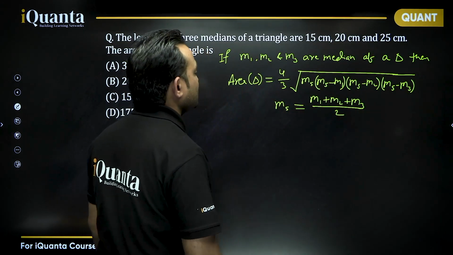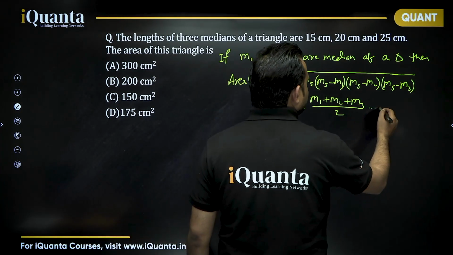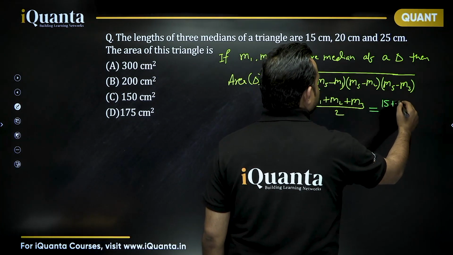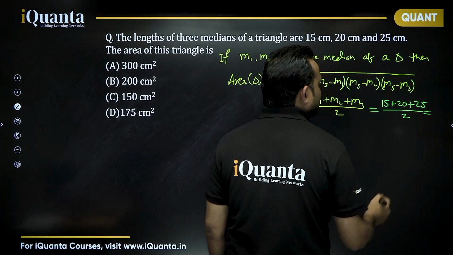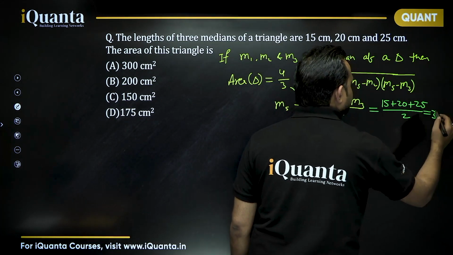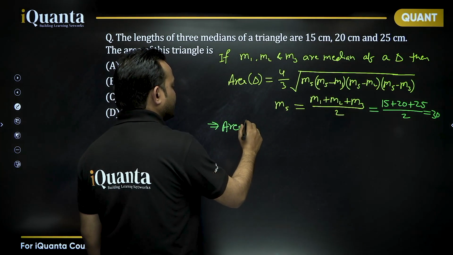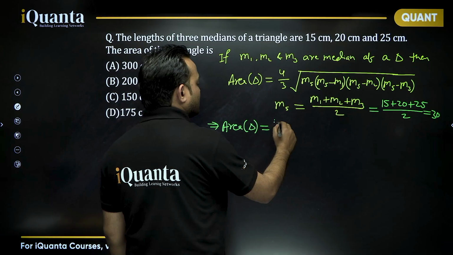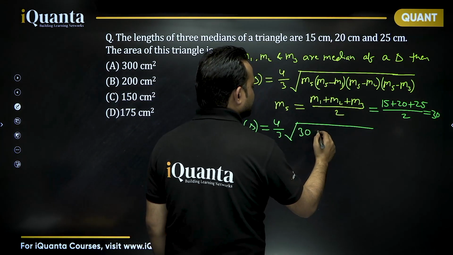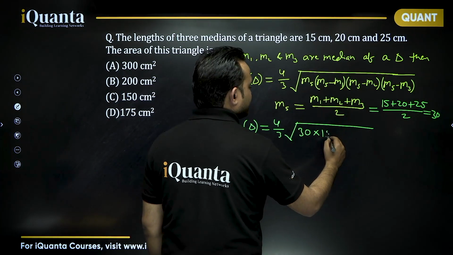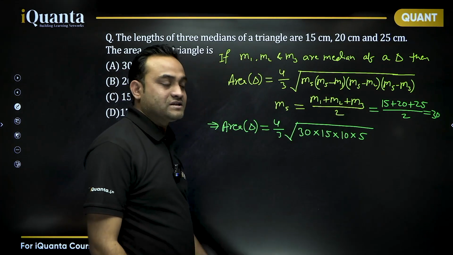Okay, so let's try to find the area of the triangle. What is the value of MS? (15 plus 20 plus 25)/2, which is equal to 30. So the area of the given triangle will be equal to 4/3 times the square root of 30 into (30 minus 15, which is 15) into (30 minus 20, which is 10) into (30 minus 25, which is 5).